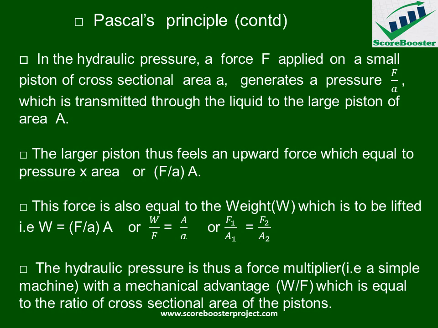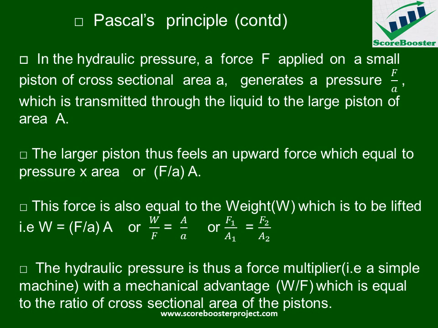And of course, we know pressure is equal to force over area, which will now be times the area of the larger piston. Then we can collect the like terms to get W, which is now the force of the larger piston over the force of the smaller piston, equal to the area of the larger piston over the area of the smaller piston. Or we can write it as F1 over A1 equals F2 over A2.